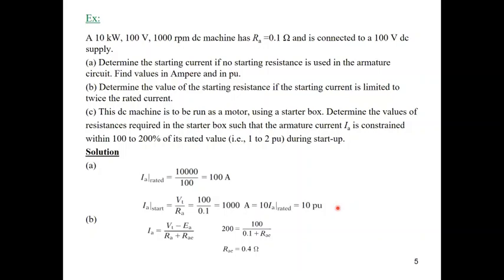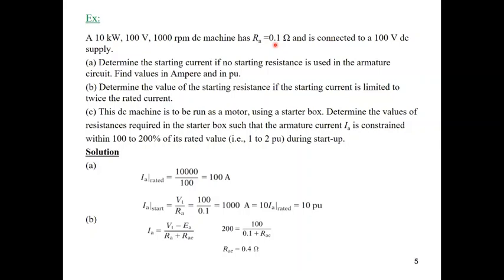So for example, here, because the resistance is 0.1 ohm, the value of current is very high. However, if we have a resistance of 5 ohms, for example, we expect at the starting we will have a lower current, right? Yes. So it depends on the armature resistance, and the armature resistance basically depends on the machine rating.